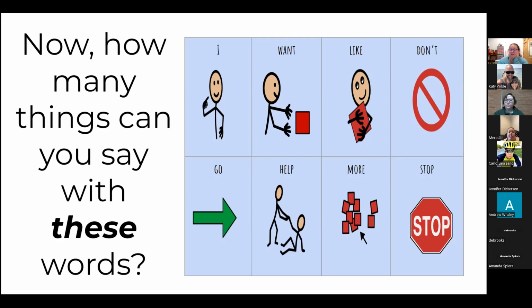Yes. I don't particularly want to teach him. I don't want help. Yes. That is the double-edged sword of AAC for sure. We'll talk about that here in just a second.